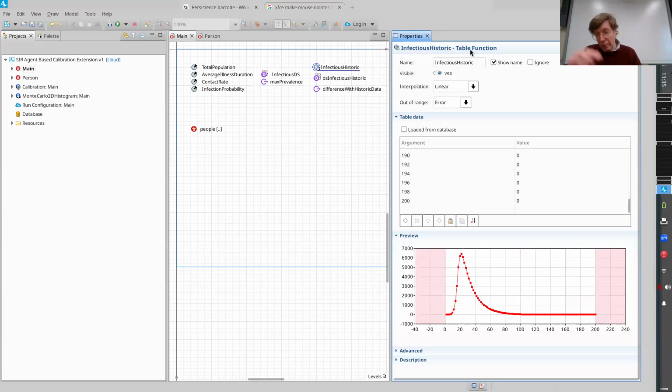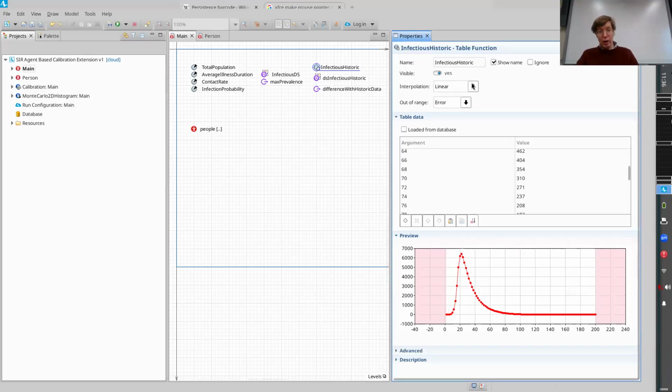This is what's called a table function, and it's a handy way for characterizing data that specifies for different values of the input what output we wish to achieve.